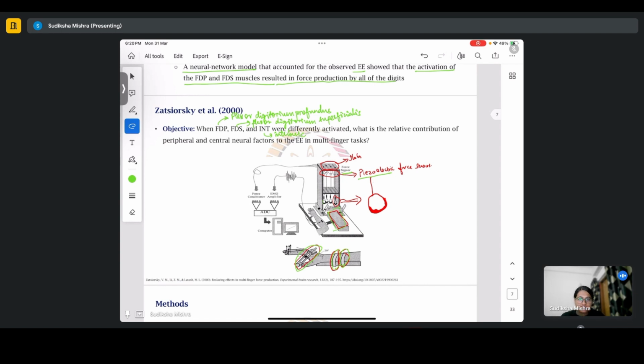The participant's hand is placed on the slab, and the forces generated are calculated using these hooks, and further analysis was done.